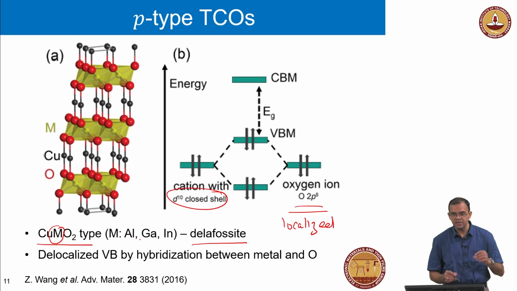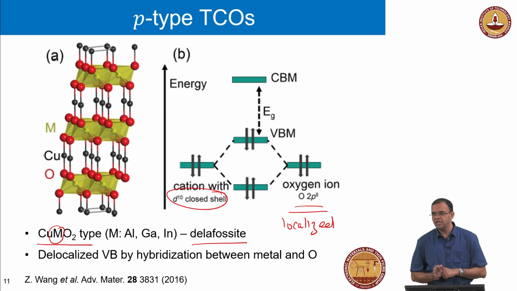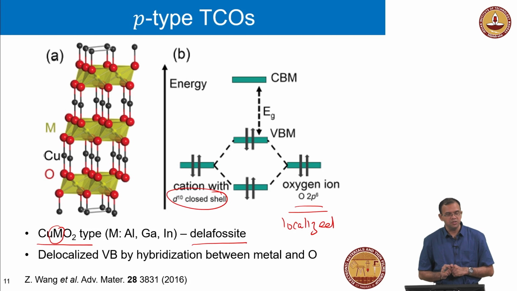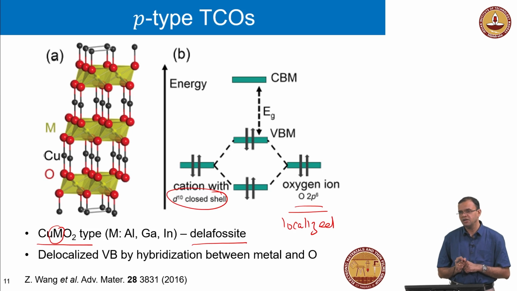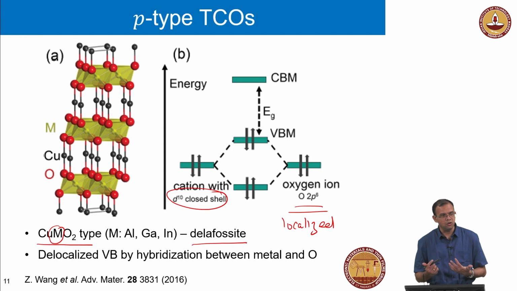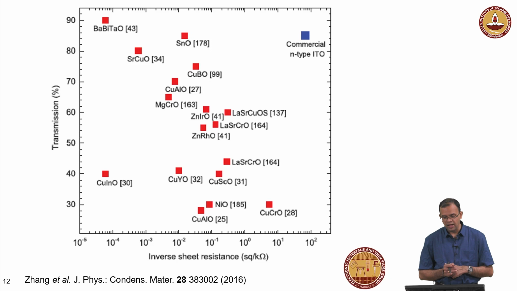So this doping introduces additional holes in the material. So essentially you can make p-type TCOs. At least from my understanding, the p-type TCOs have not reached a stage that is on par with either ITO or other n-type TCOs, but there is active research going on in this area.